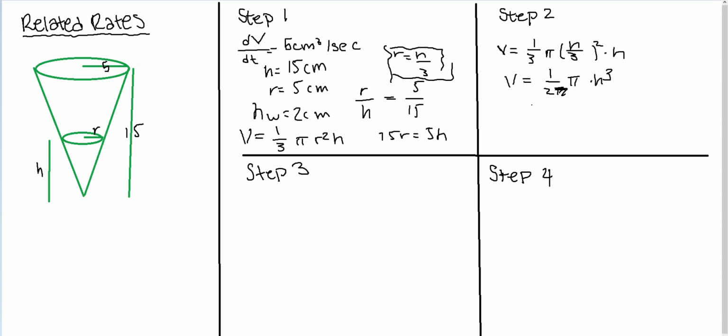So now we have V is equal to 1 over 27 pi times h cubed. But what we want to do now is take the derivative of our function with respect to t.